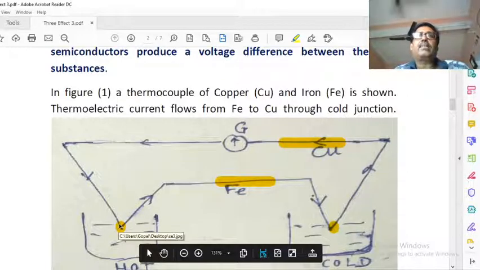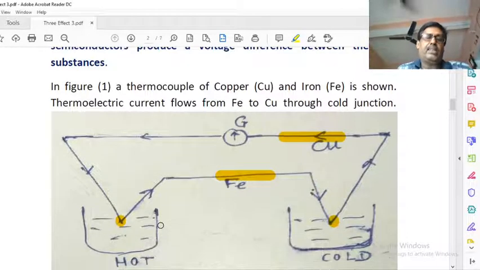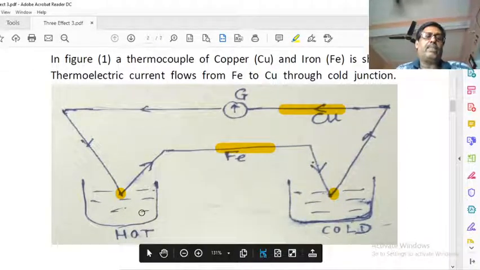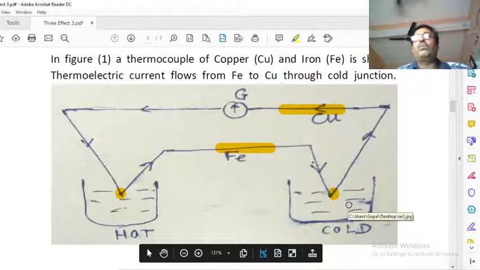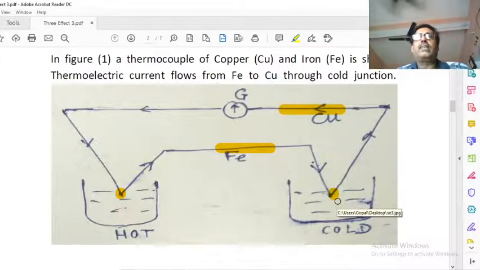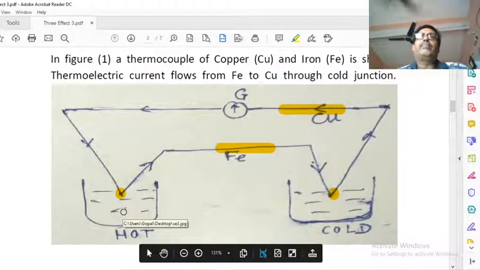How many junctions are prepared? Two junctions. One junction is kept in warm water, the other junction is kept in cold water. Or you may say directly, one junction is kept cold, the other junction is kept hot.